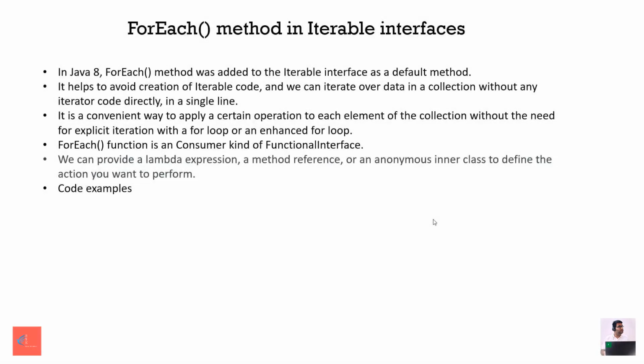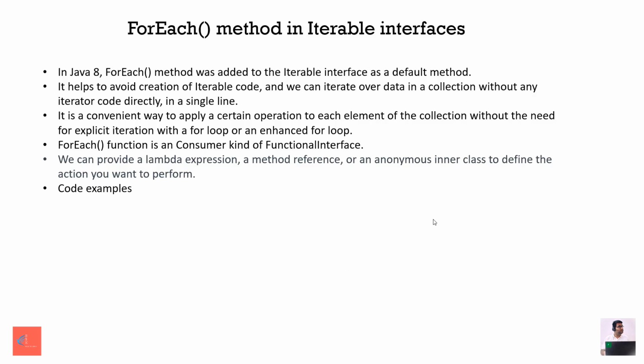Let's talk about the forEach method, especially in the Iterable interface. In Java 8, the forEach method was added to the Iterable interface as a default method. It avoids creation of iteration code. We do not need to write that for loop for an object or for an iterable. We can just directly use the forEach method in a single line.